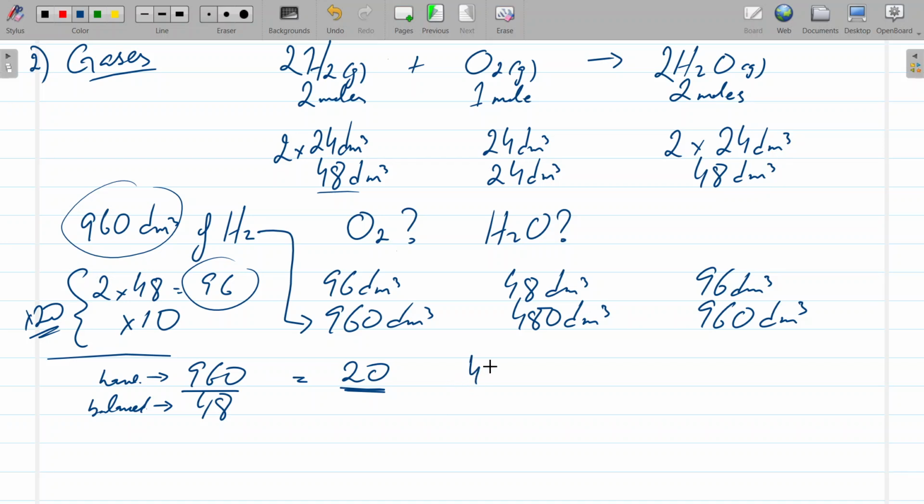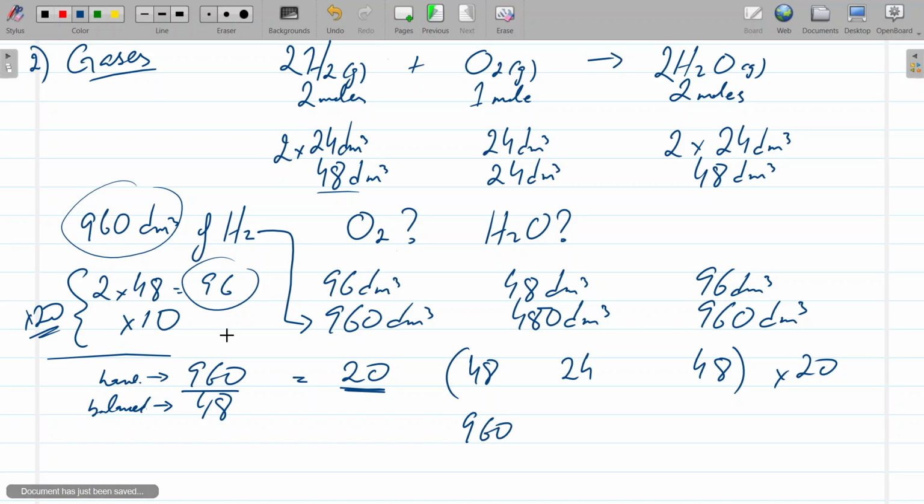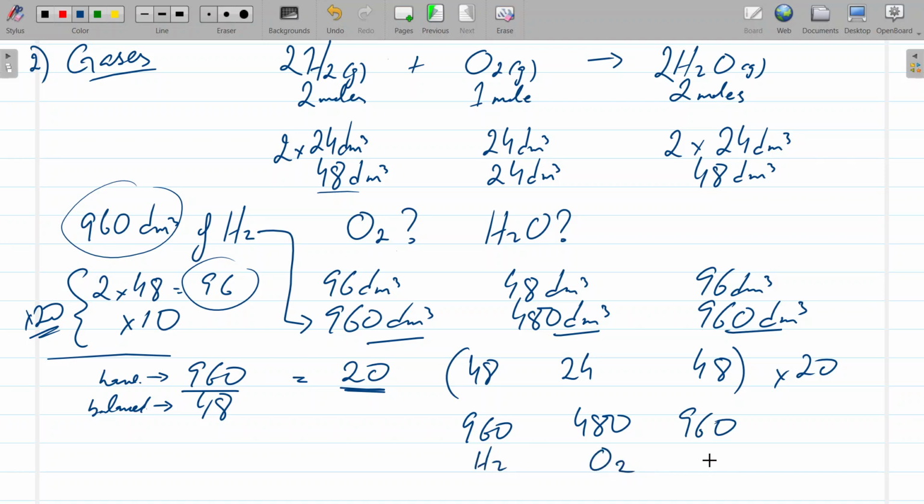So you take the 48 and the 24 and the other 48 and you multiply this whole thing by 20, and that will give you 960, which is what we're being asked, and the 480. You're getting this, and this, right? And that's H2 and O2 and H2O.